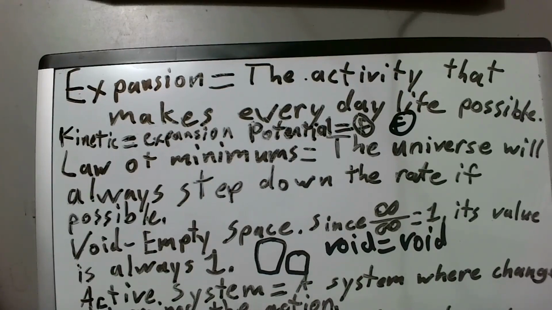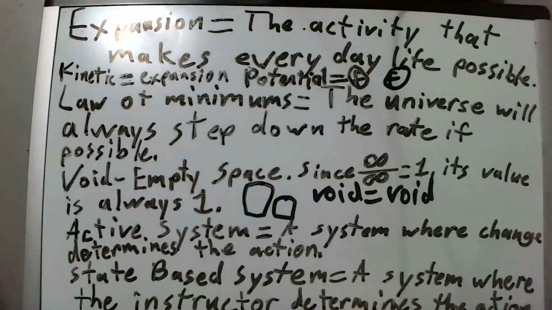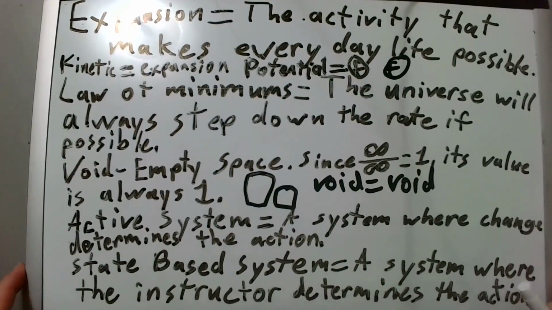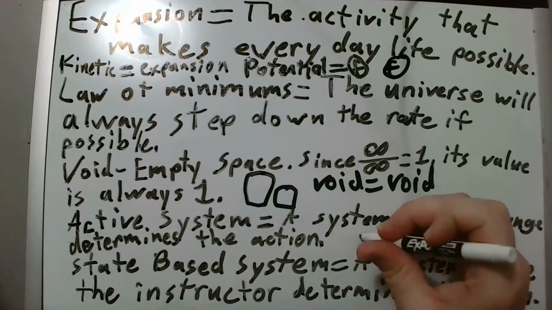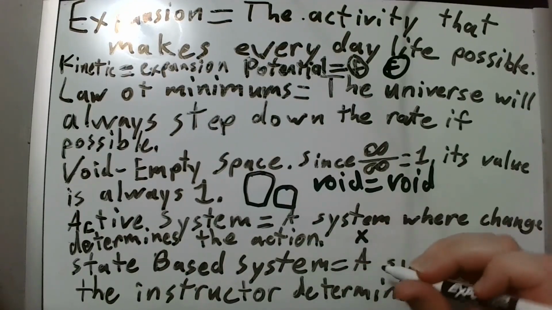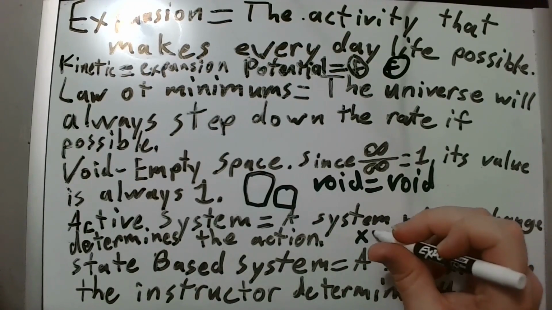An active system is a system where change determines the action. What that means is this is a system where you have X increasing, right?